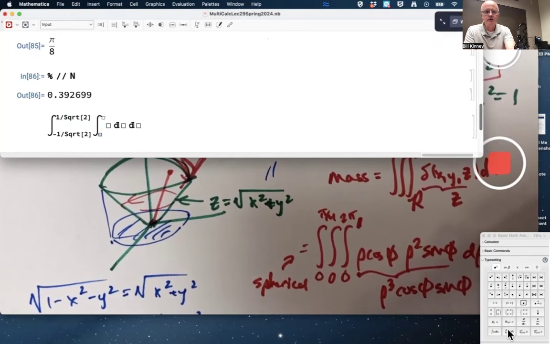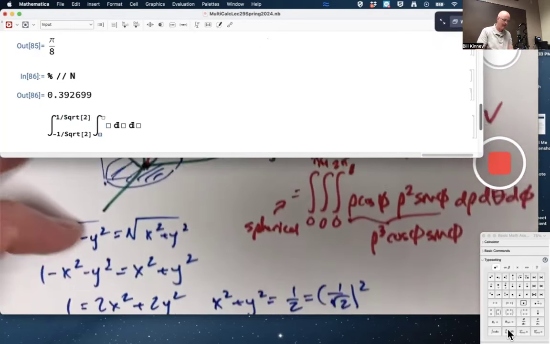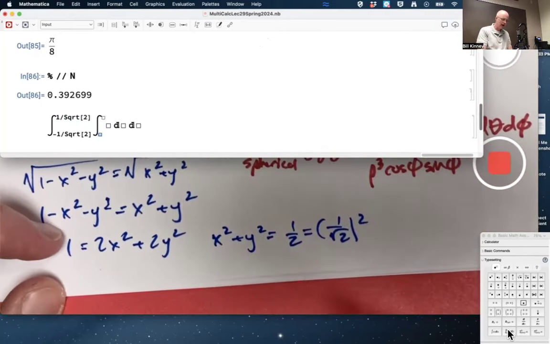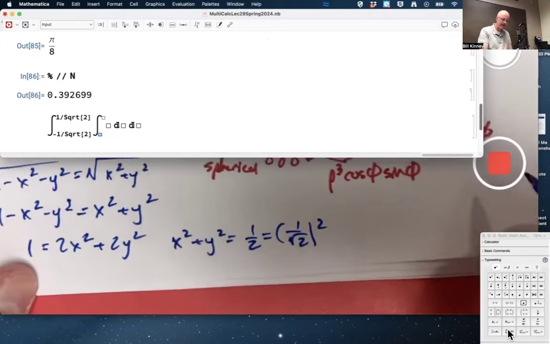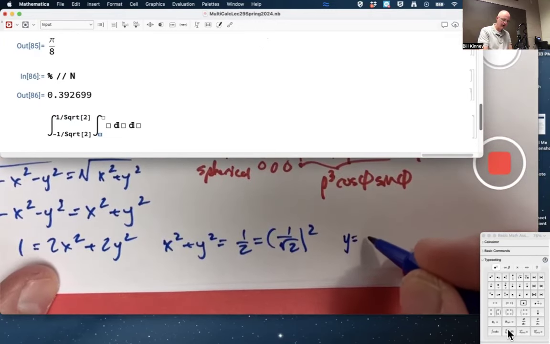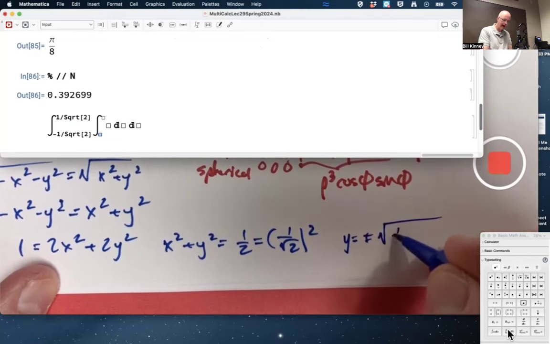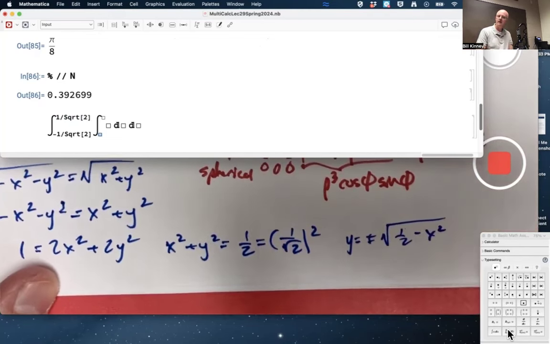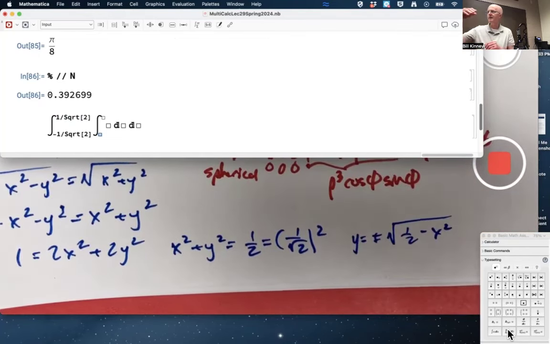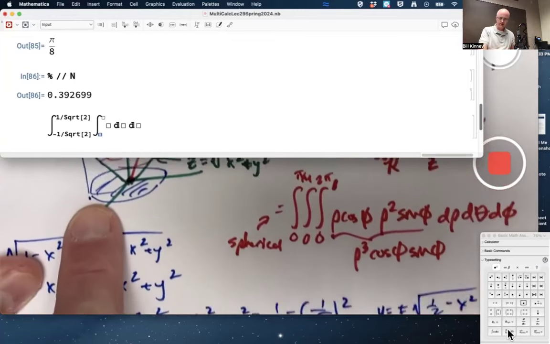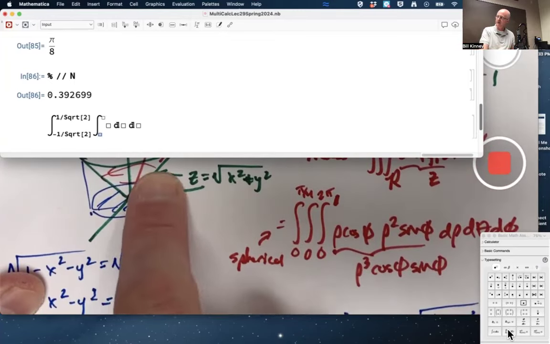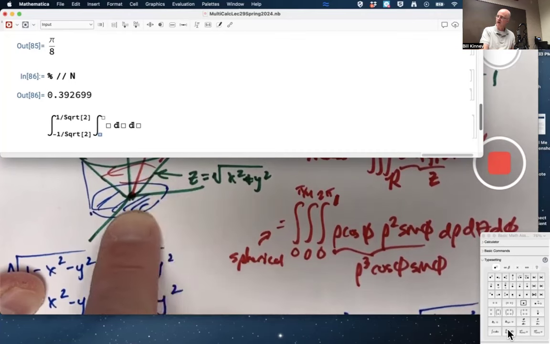For the middle integral with respect to y, solve this equation for y as a function of x. You get y is plus or minus square root of 1/2 minus x squared, for your lower semicircle and your upper semicircle in this two-dimensional XY plane.